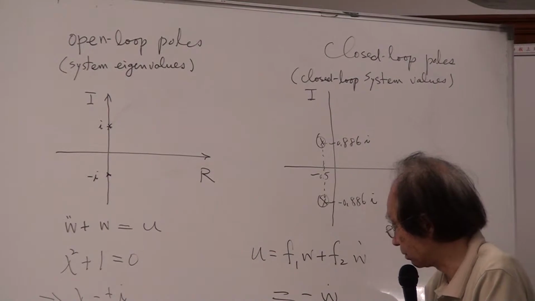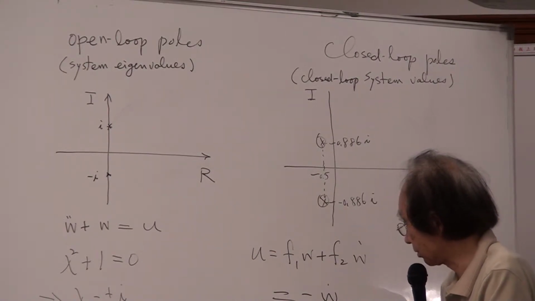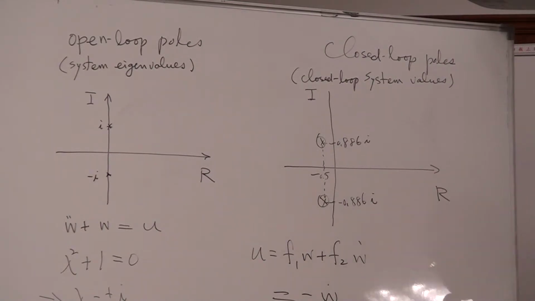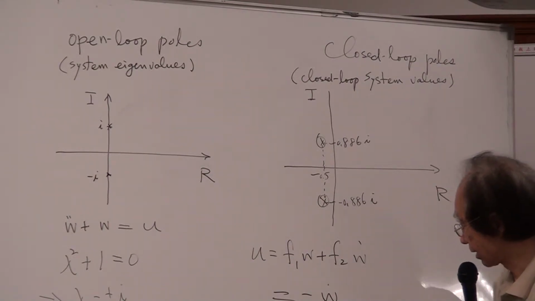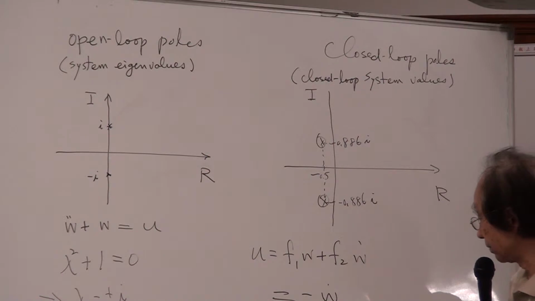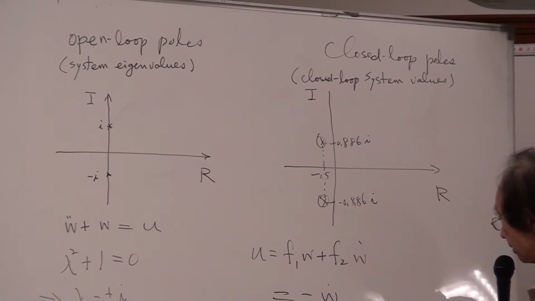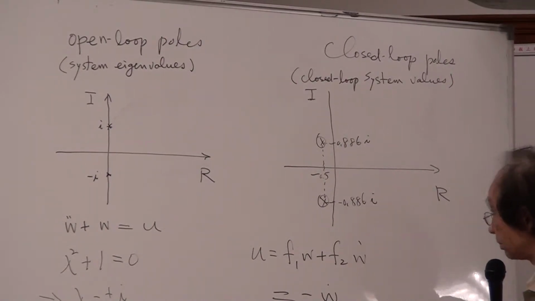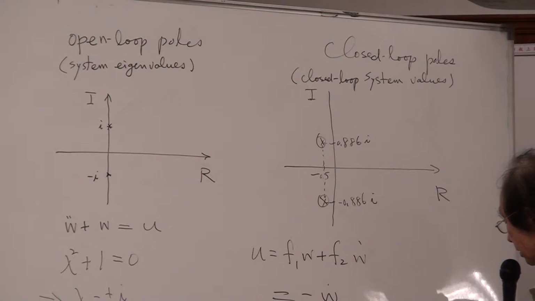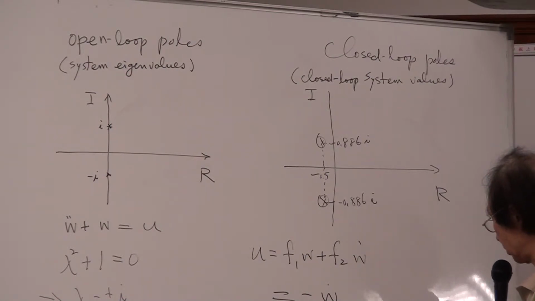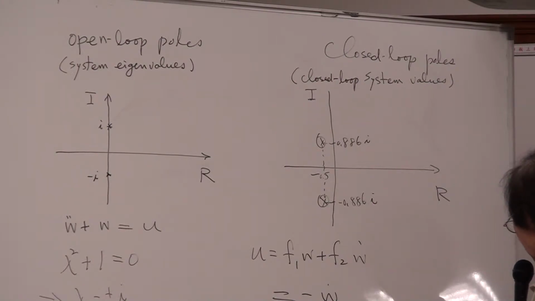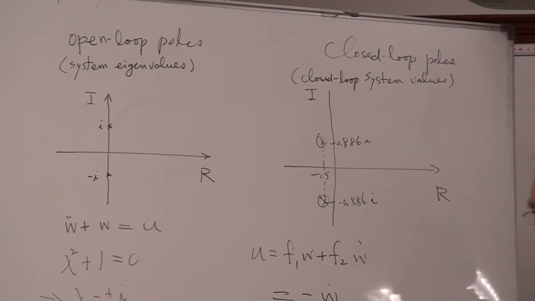So my closed loop is W double dot plus W dot plus W equals 0. Alright? And that gives me the eigenvalue, lambda squared plus lambda plus 1 equal to 0. And that gives me lambda equal to minus 0.5 plus or minus 0.866i.